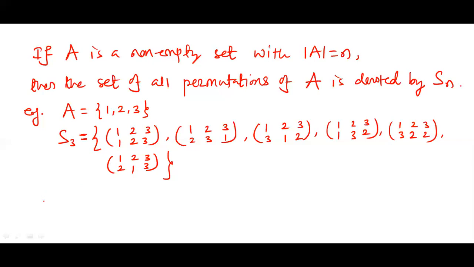See, in general, we can say that if we have a set A equal to 1, 2, 3 up to n, and f is any element of Sn, then for this f, how many choices do we have?